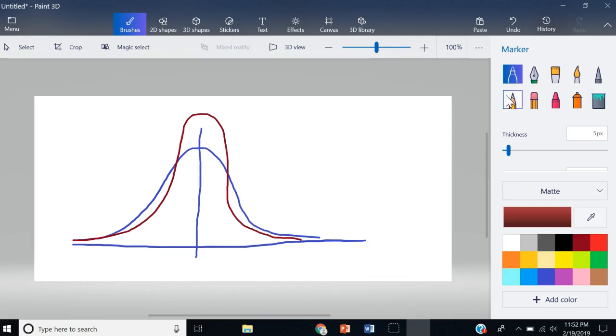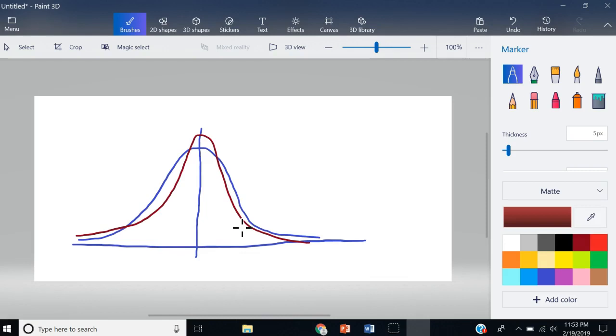This is fairly poorly drawn. Let me undo that and try to redraw it a little bit better, making it look a little bit more like a normal curve. Something like that, okay? So more stuff goes in the middle, less stuff on the outsides.